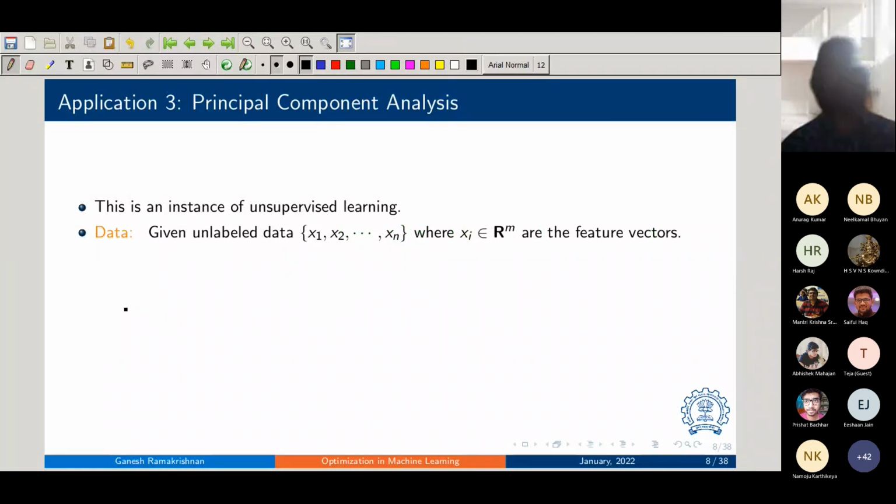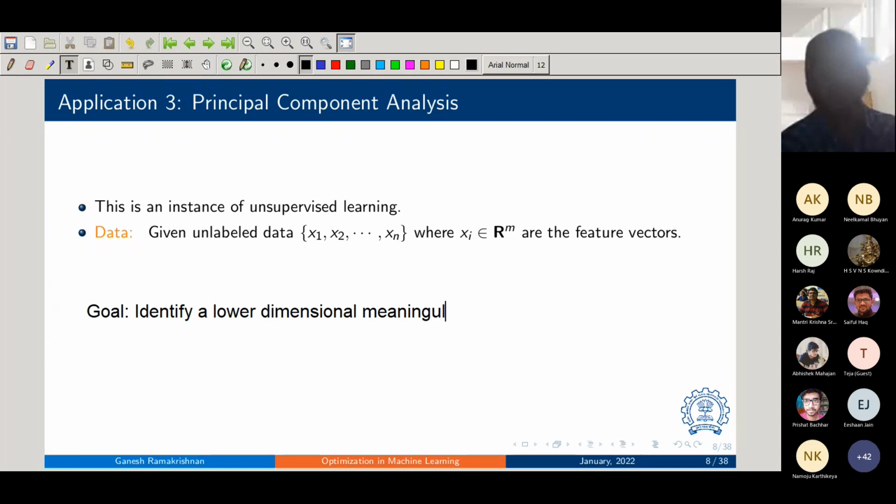So you're given unlabeled data where xi are the features, and the goal is to identify a lower dimensional representation. The faces I showed you are lower dimensional, but they are meaningful, such as the face features.